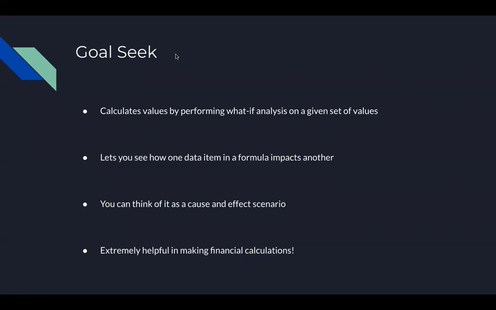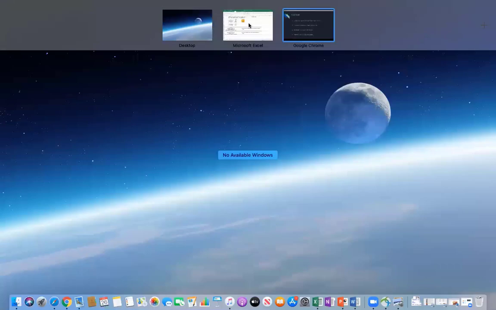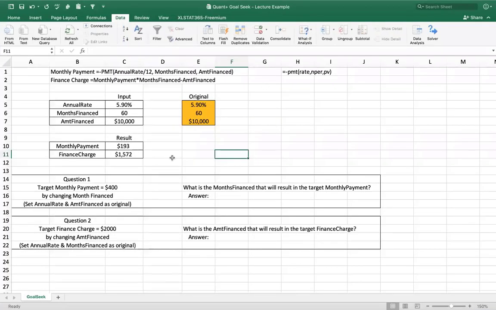How I'd like to think of it is as your handy algebra calculator. It lets you see how one data in a certain cell impacts another in a formula. So you can think of it as your cause and effect scenario tool. It's extremely helpful, especially when making financial calculations, as you are about to see in my example here.